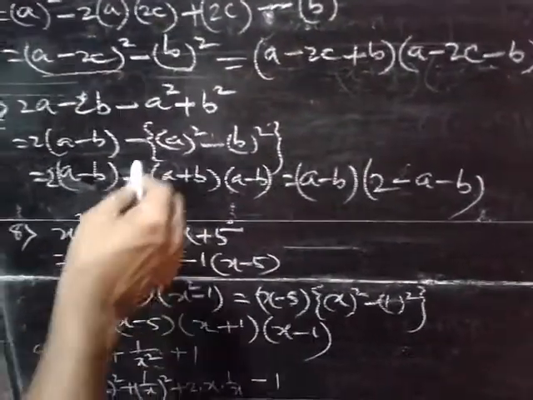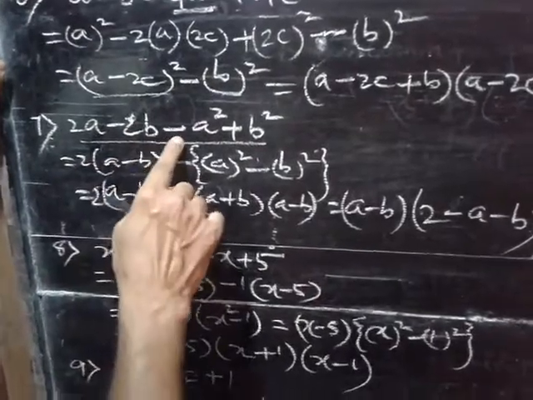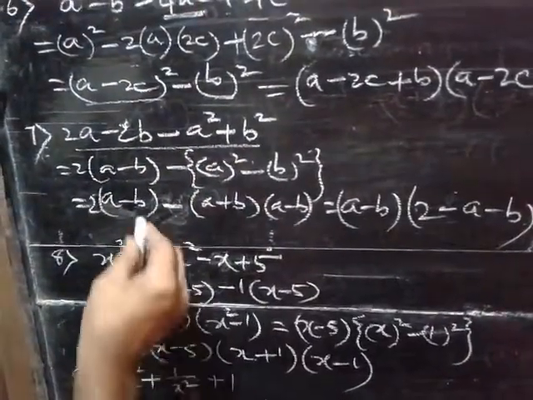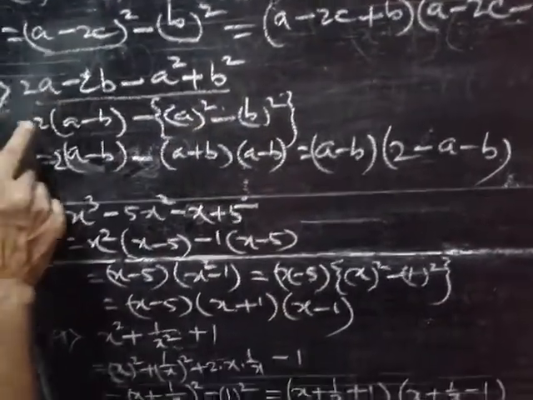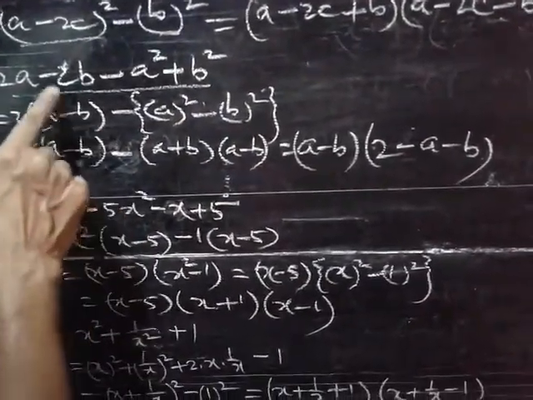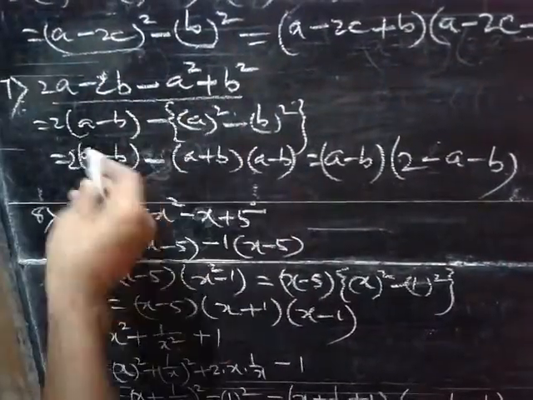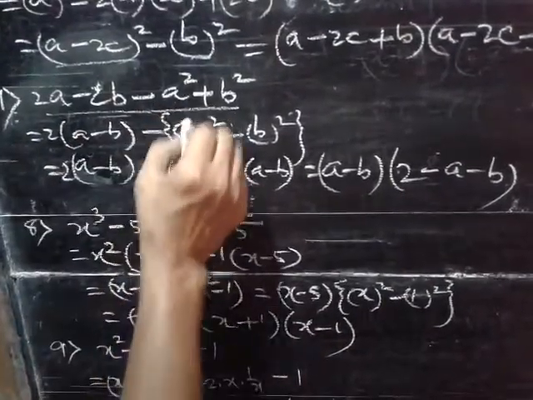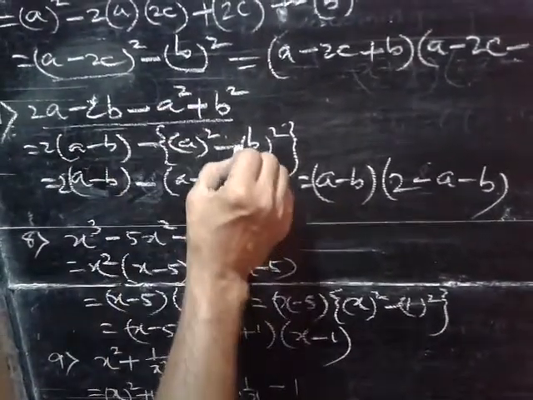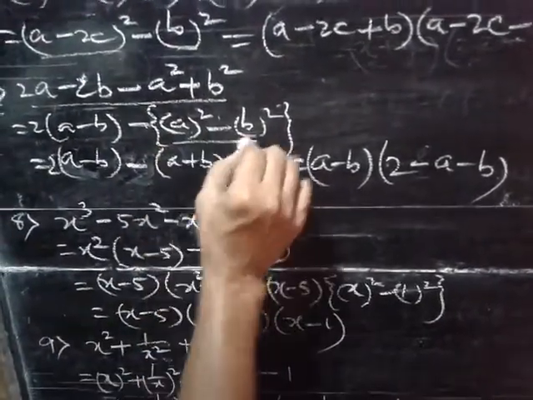The next one is also interesting: 2a minus 2b minus a square plus b square. Take 2 common from the first two terms, which gives 2 into a minus b. Make a group here and another group here. From the last two terms, take minus common, giving minus into a square minus b square, which is an a square minus b square formula.